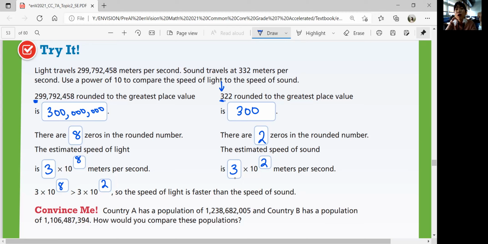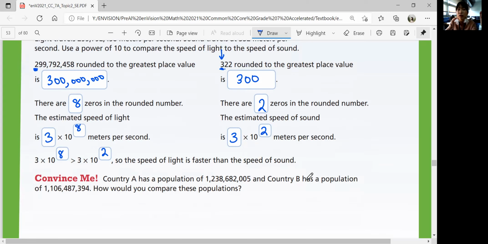The power quotient property says that you can subtract the powers: you subtract 8 minus 2, and you get 6. So the speed of light is faster than the speed of sound by 10 to the 6th power. Okay, that's another step.